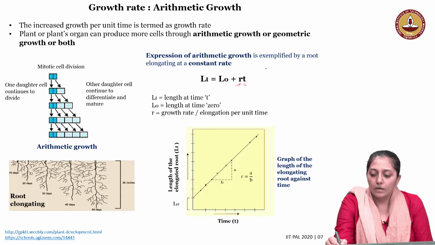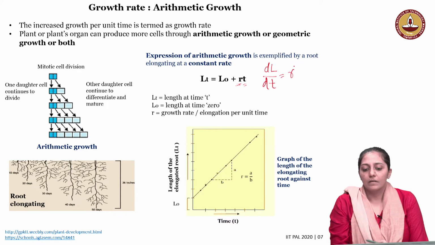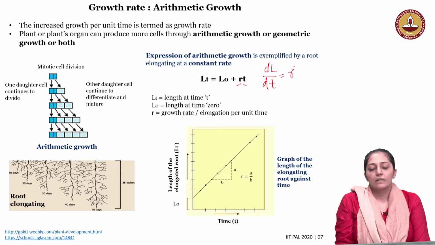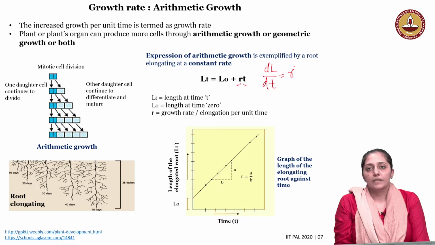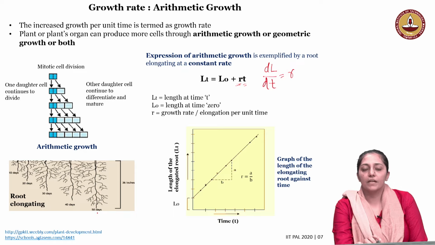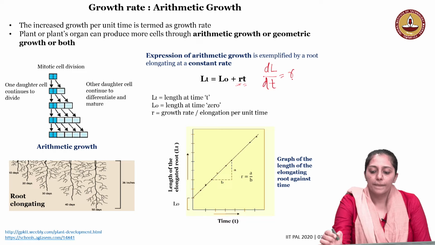So, we can say that dL by dt equals r, because the rate at which the length of the root is changing, we are assuming it is constant, which here is depicted by r.